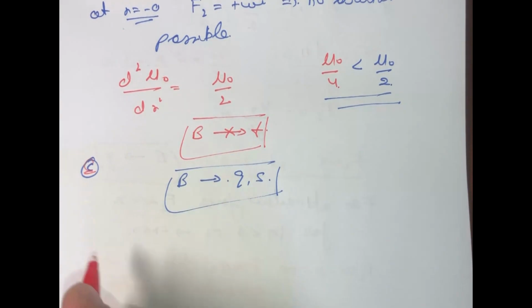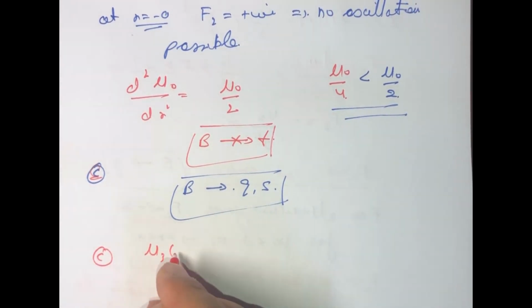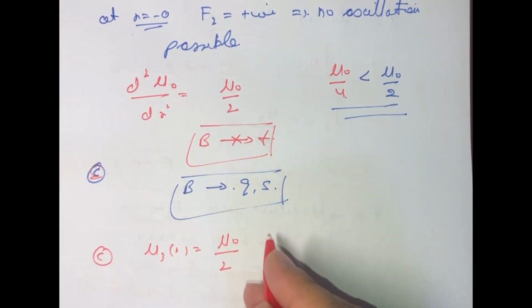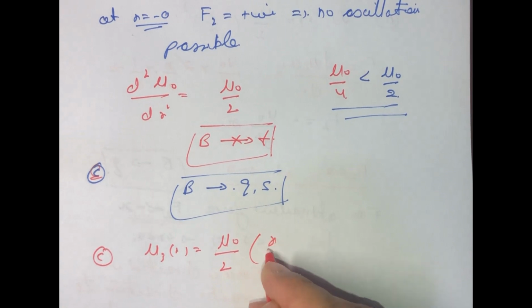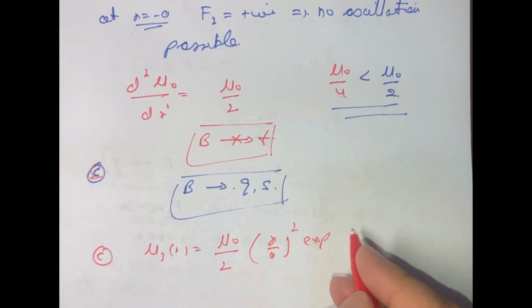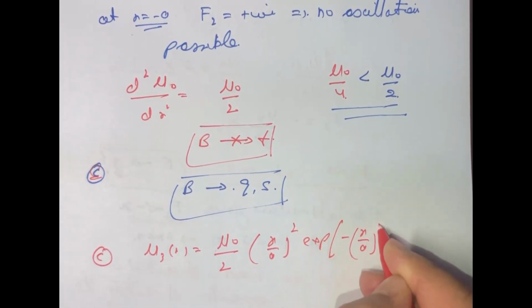Now let us discuss part C. For part C, U3 x is given as u0 upon 2, and we have x upon a whole square exponential. This is minus x upon a whole square.